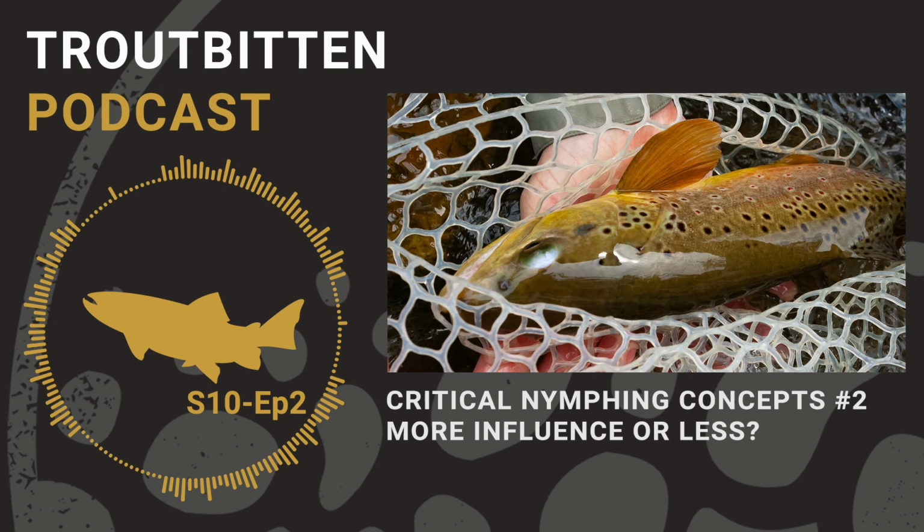And going back to my previous point, I think a lot of times we have more slack in the system than we realize. Yeah. So if we're trying to improve, my recommendation is to start maybe overweighted or with more influence and slowly back off the influence, either changing weights or changing tippets, whatever that may be.